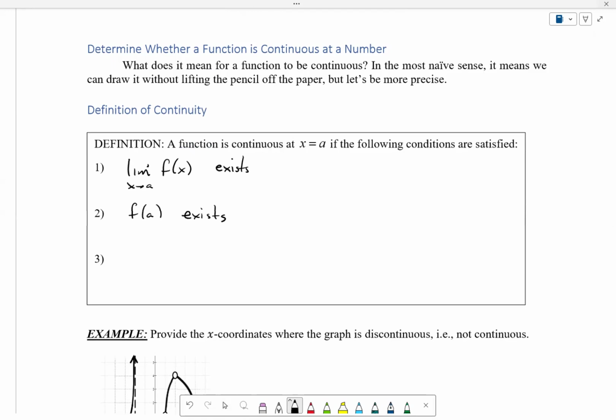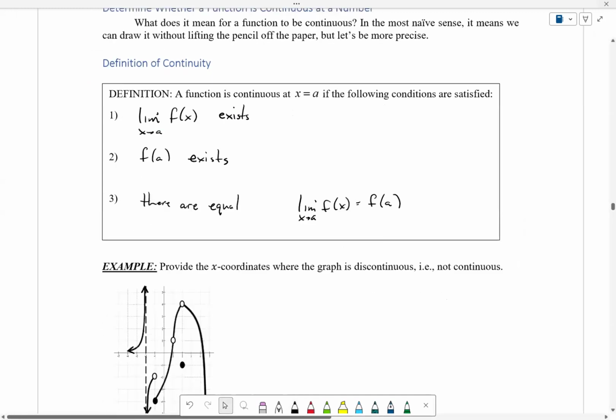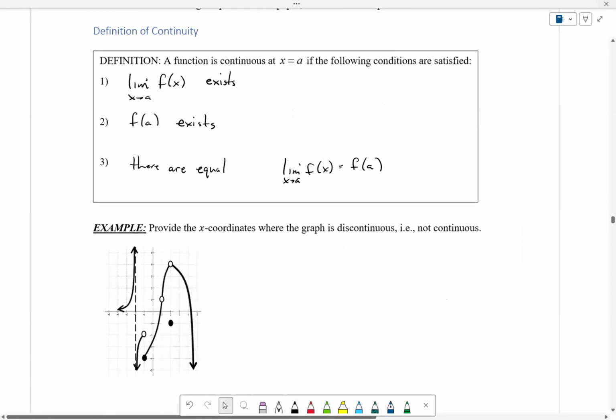And 3, they are equal. Now, I don't mean they have equal rights. I mean, literally, the limit as x approaches a of f of x is equal to f of a. And I'll go over what this means with your intuitive sense of continuity.